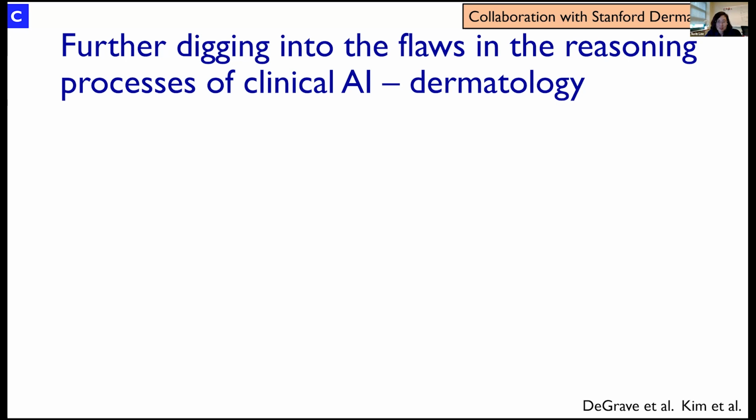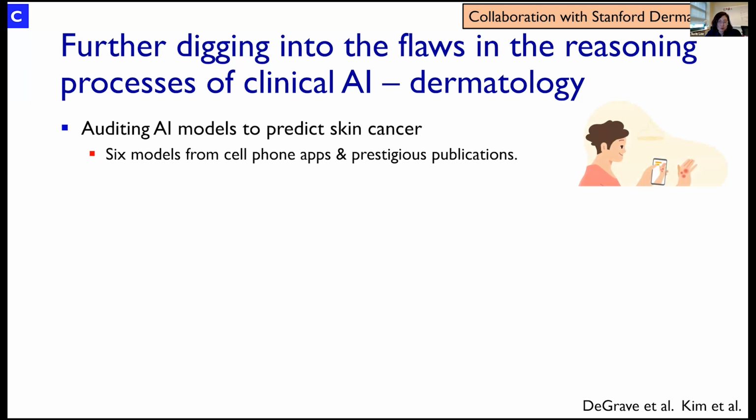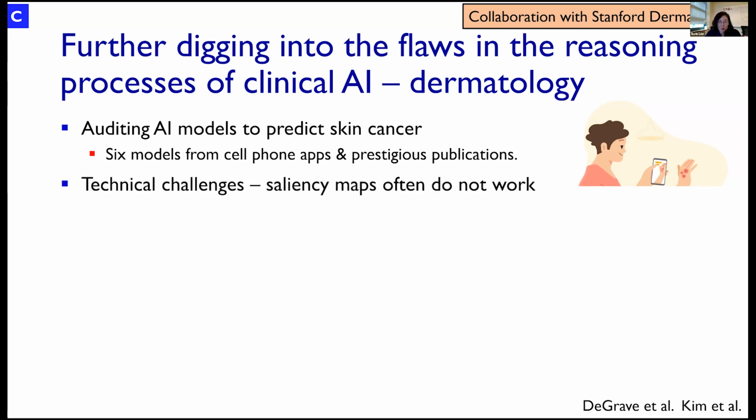So we see that it's really important to dig into what an AI model was thinking. The next target is dermatology AI models, in collaboration with Stanford Dermatology. There are many cell phone apps and high-profile journal papers, including in Nature. And we saw similarly concerning results, consistent with what we saw in the COVID-19 project, where these models didn't work well in terms of accuracy.